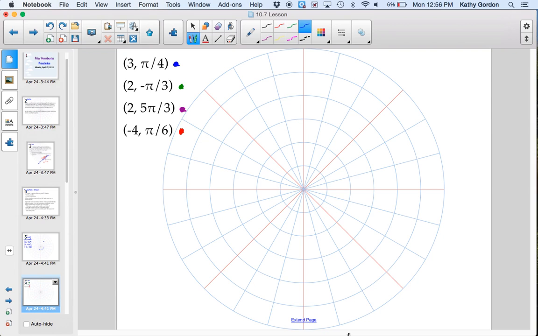All right, now take a second and think about where the point goes on my graph. It's a little bit different than what you have, so if you've got something like my graph, where's that point going to go?